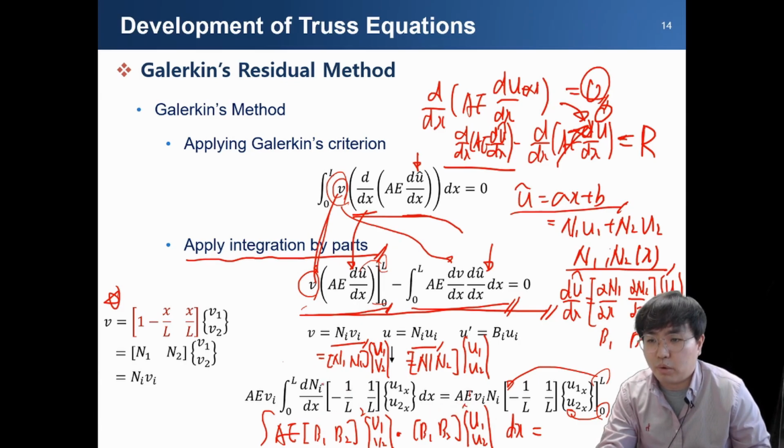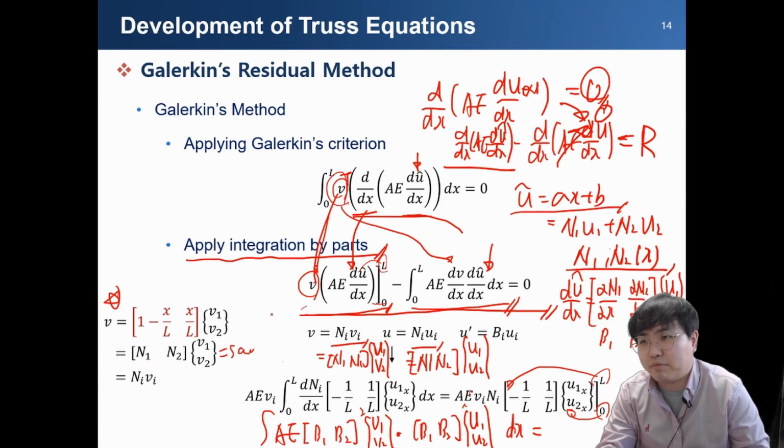So here, B1 is minus 1 over L and B2 is 1 over L, and then U2 and U1. Here I use a different notation. To multiply these two equations, we should take some transposes, but this value is some scalar value.